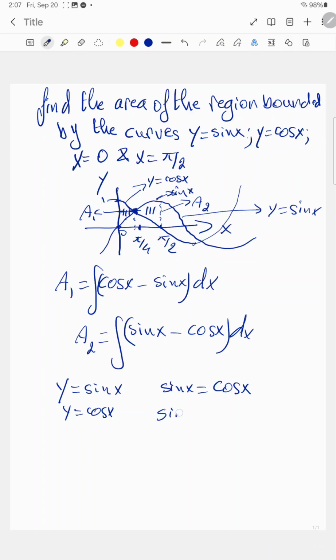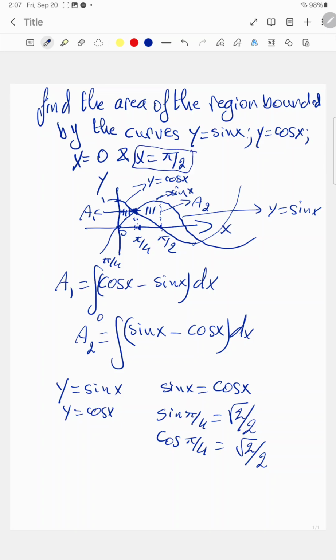I know that sine of pi over 4 is square root of 2 divided by 2, and cosine of pi over 4 equals square root of 2 divided by 2. So at that point, my x is pi over 4. So area 1, I will study between 0 and pi over 4, and area 2 is from pi over 4 to pi over 2.